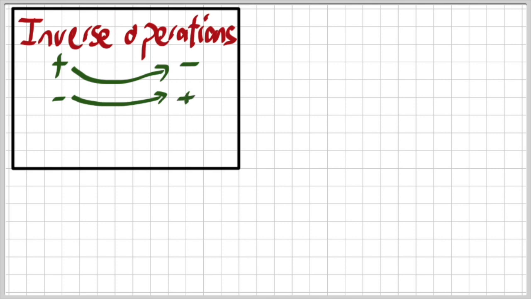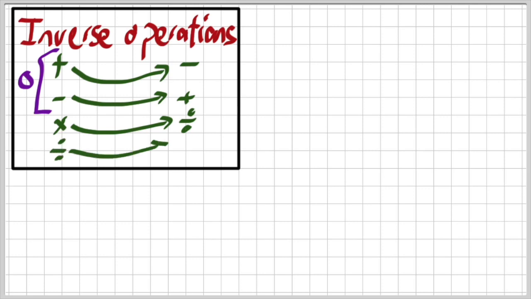For minus, it is positive. For times, it is divide. Not because I want to get it to 0, but because I want to get it to 1. So if I've got times by 3, how do I get it to 1? I divide by 3. That's an interesting way of thinking about it. With plus and minus, I want to get to 0, while with divide and times, I want to get to 1.